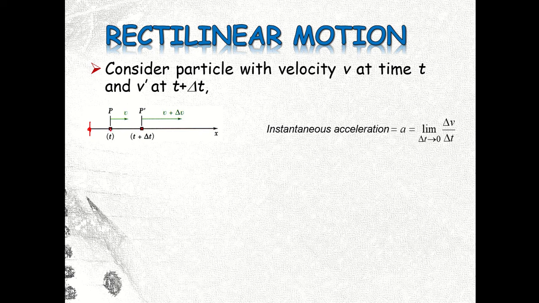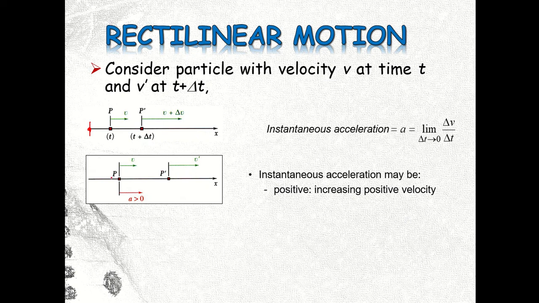Perhaps at this point the velocity is v, and as the particle moves further, the velocity increases with this increase of delta v. In our calculation for the instantaneous acceleration, a is just the limit of delta v with respect to delta t as delta t approaches 0.